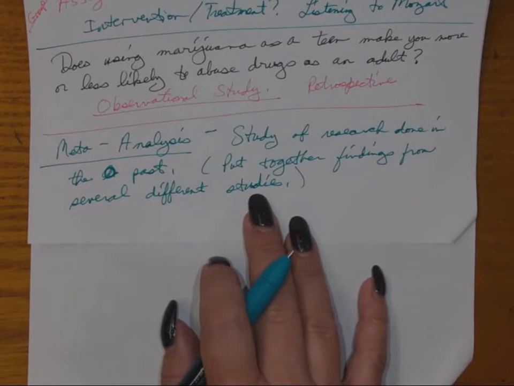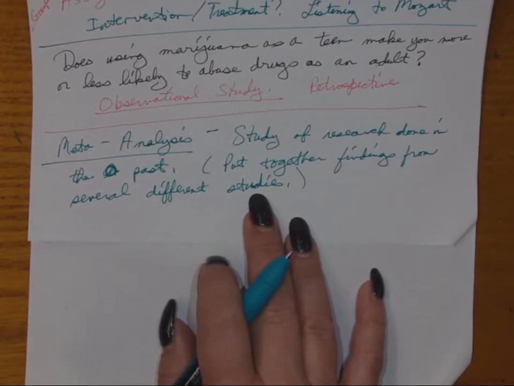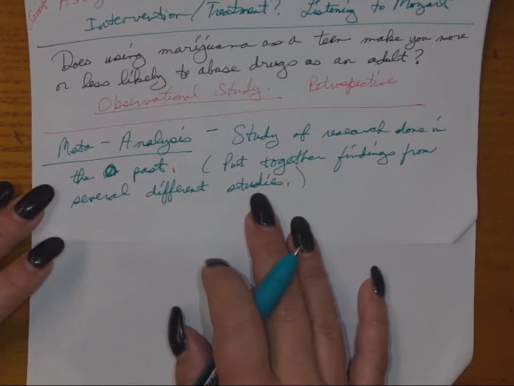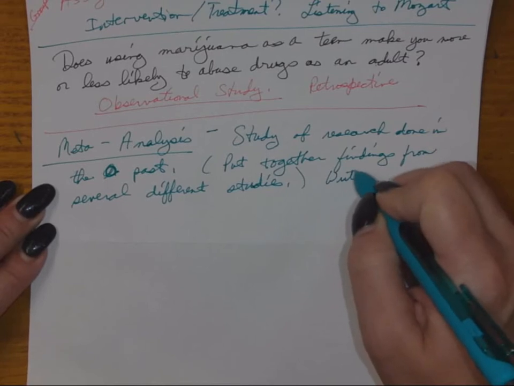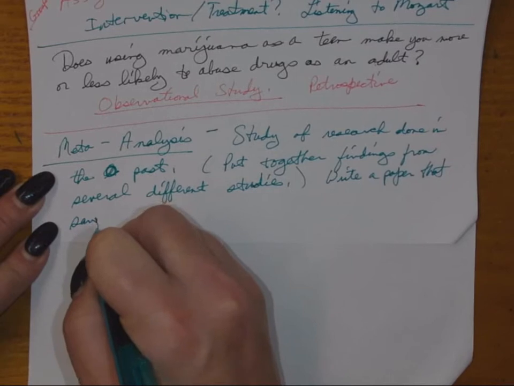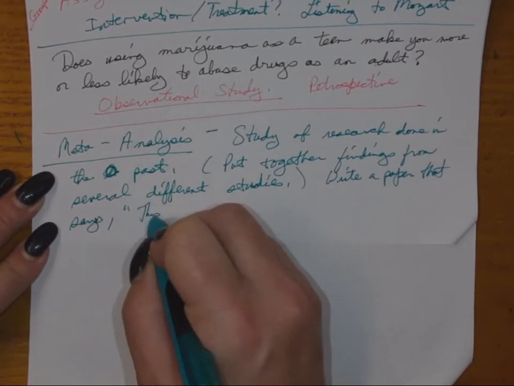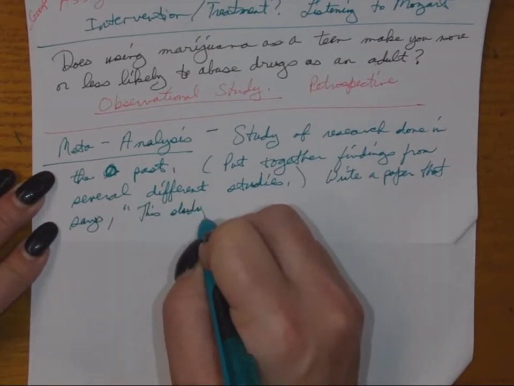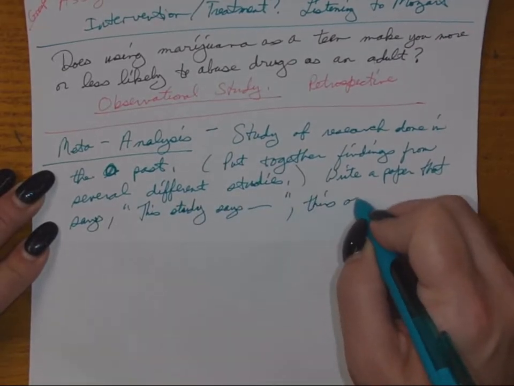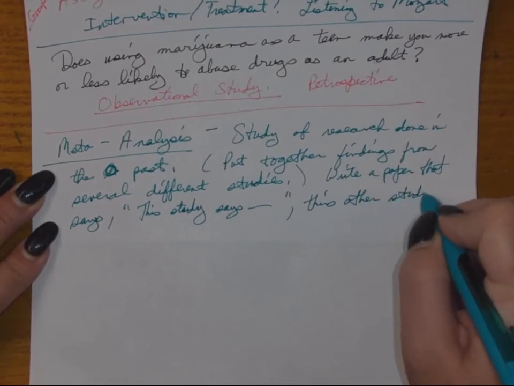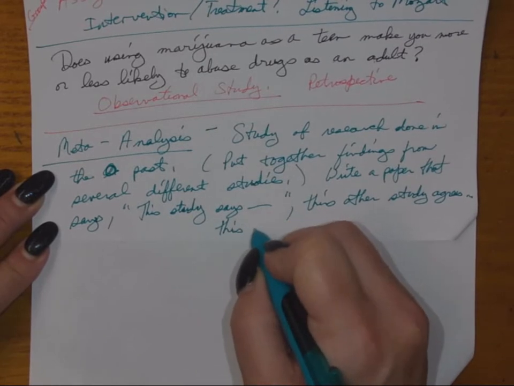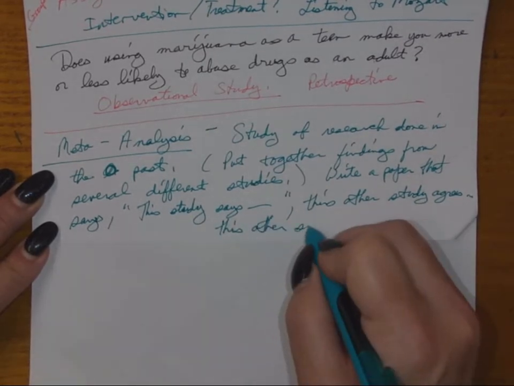Then if they all say the same thing, I can pull the results from different studies, and I can combine them, and I can basically write a paper that says, this study says blah, and this other study agrees, but this other study disagrees or agrees.